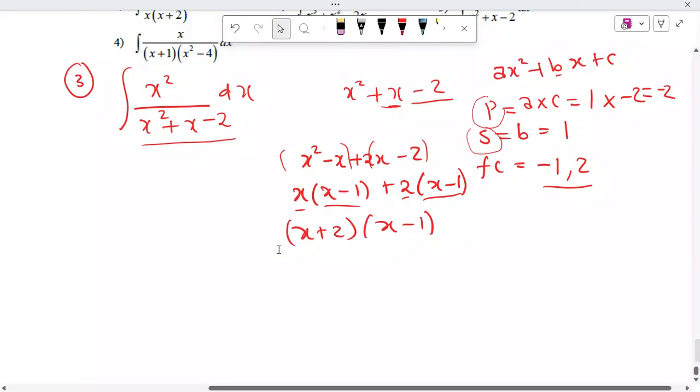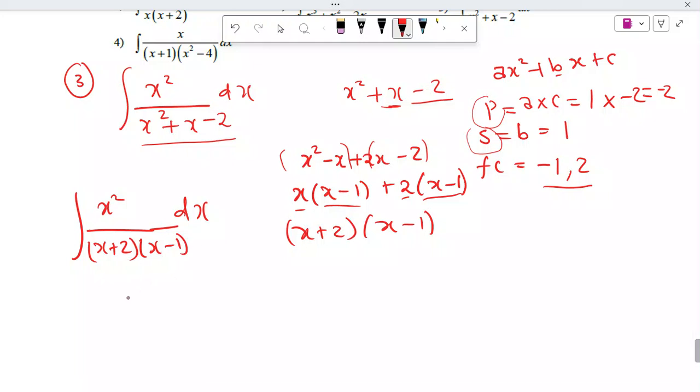First of all you factorize, so we write x squared over x plus 2 times x minus 1 dx. Now we know we have expressed it into linear functions, so we decompose. We remove the integration and write it later.